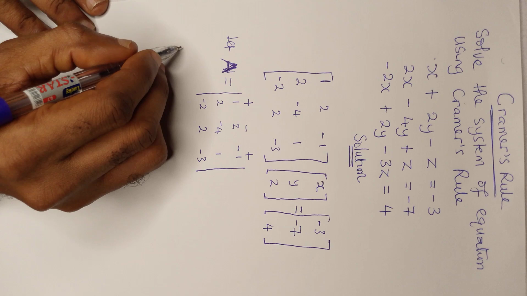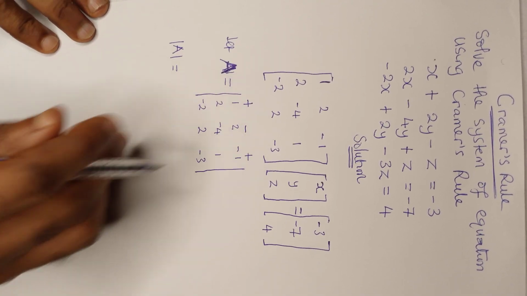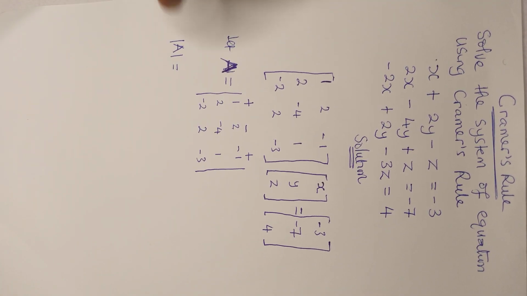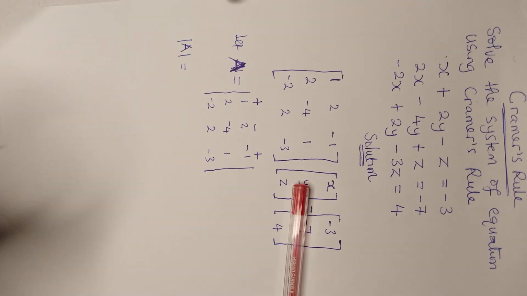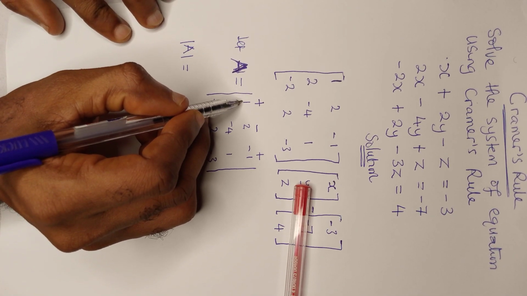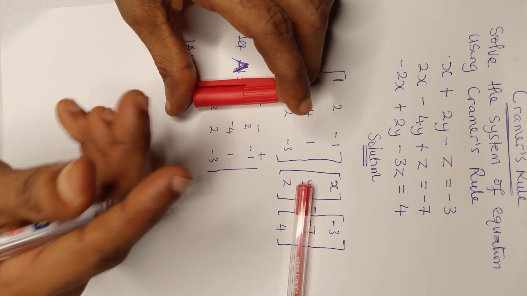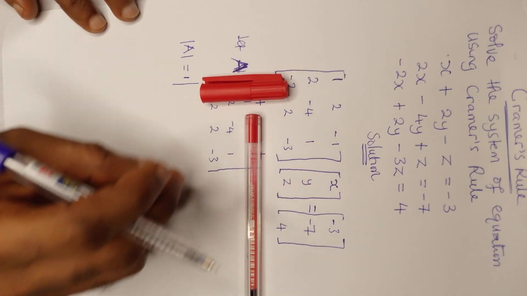So for the determinant of A, let's find it for the first part. This is how to find a determinant. For 1, considering this 1, we write 1, then we close here, and we close here.